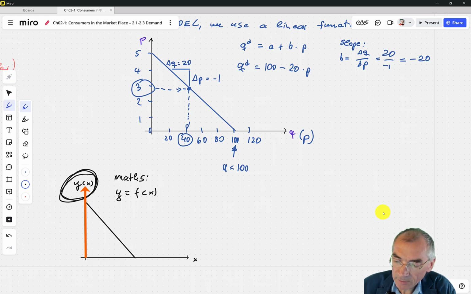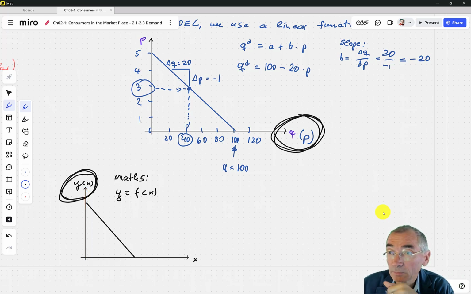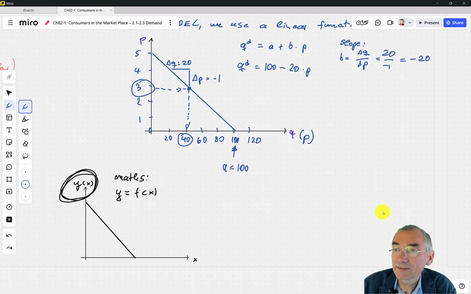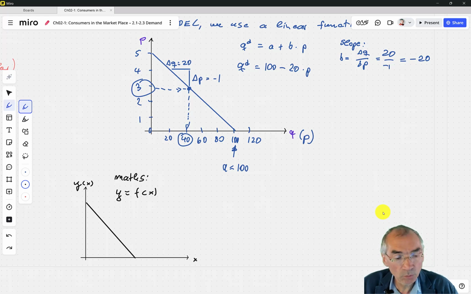Here you have the dependent variable, the y that depends on x, on the vertical axis, whereas in our economic models, we have them on the horizontal axis. I'm sorry for this, and in chapter 4 we will also learn why this is the case, but at the moment we have to get used to this. Also in maths, A would be here.